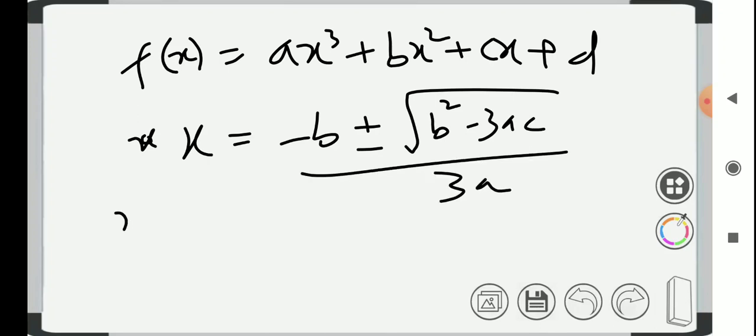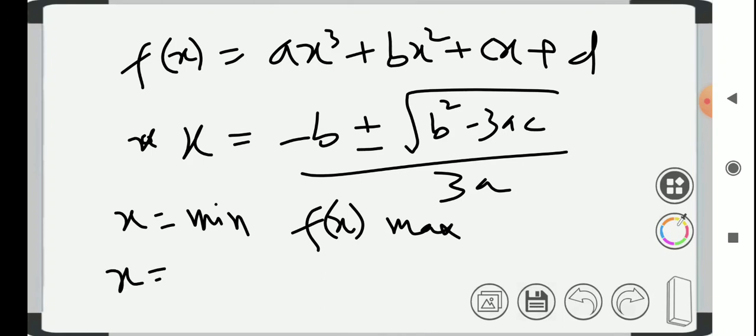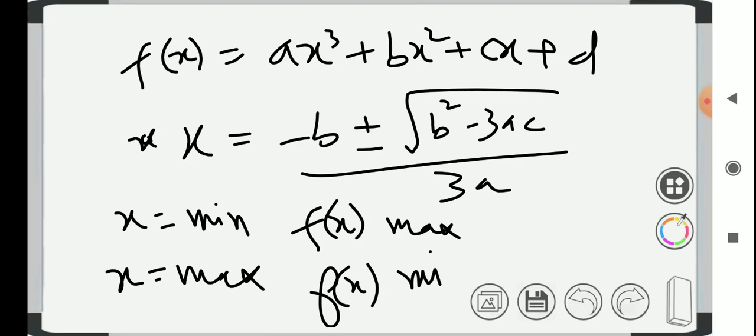For the smaller x, we will get f of x to be maxima. For the larger x, we will get f of x to be minima.